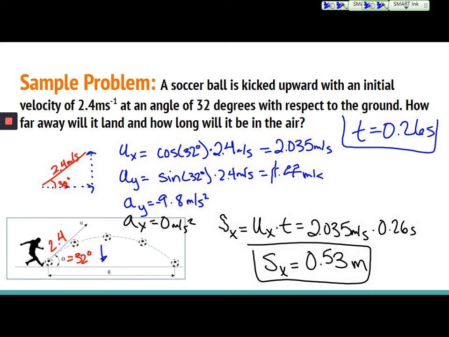Total time in the air was double the time it takes to stop the ball in the vertical and make it come back down, 0.26, and then 0.53 is the distance it'll travel to the side in that time. All right. Hopefully that helped. You could have figured out how high it goes by using half of the equation.